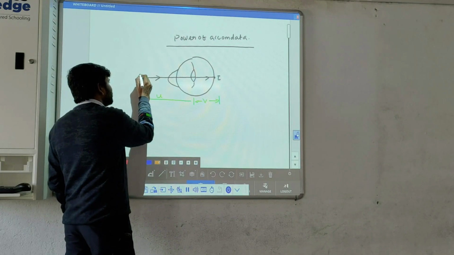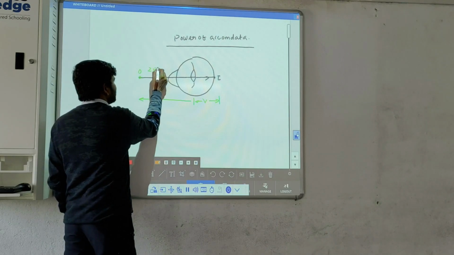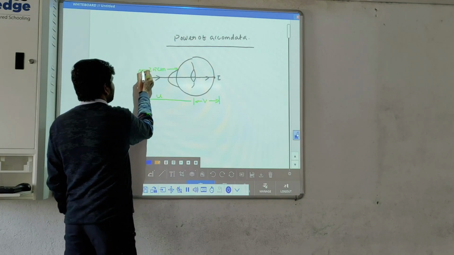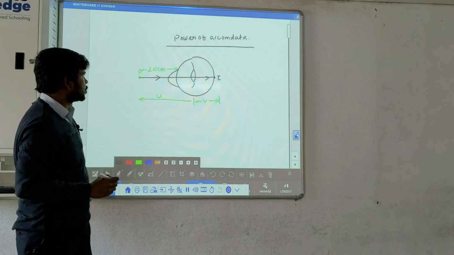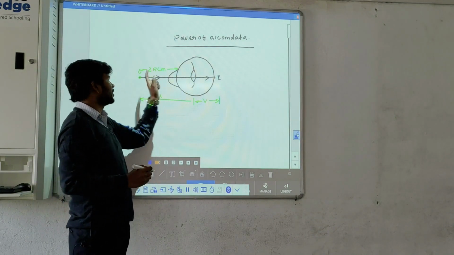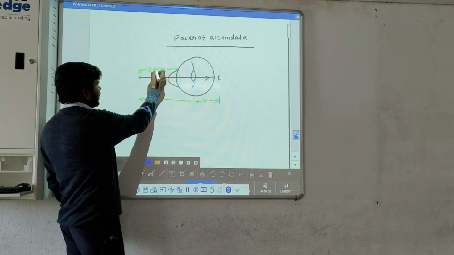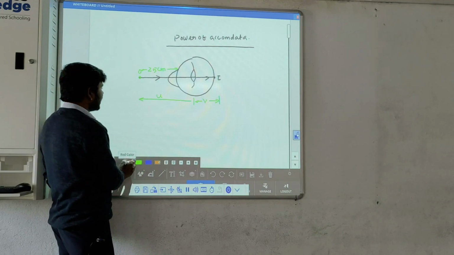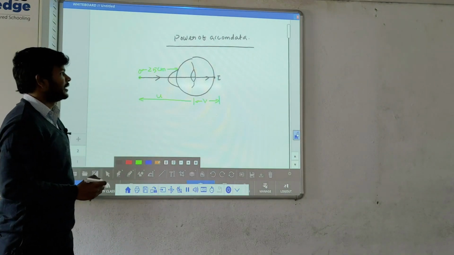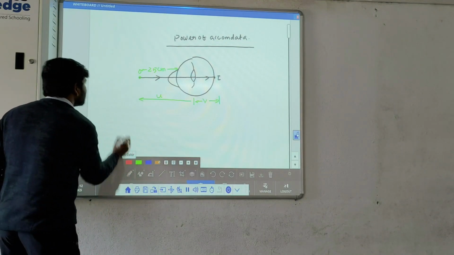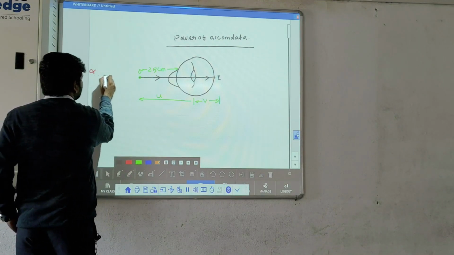The object can be placed at 25 centimeter. This is known as the near point. The minimum distance at which the object must be placed so that it can be seen clearly by the human eye is known as the least distance of distinct vision. For an adult person with normal vision, the least distance of distinct vision is 25 centimeter, and if the object is placed at infinity also, then that can be visible.